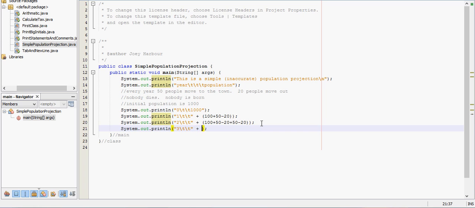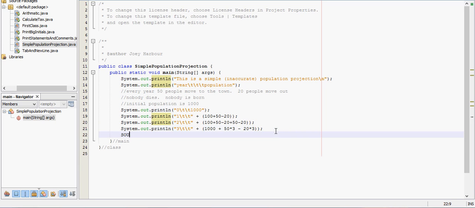We'll say the population at this point would be 1,000 plus 50 people have moved there 3 times, so 50 times 3, and 20 people have moved away 3 times, so 20 times 3, and that should be good there. We'll make the next line even more efficient if I can stop hitting that caps lock key whenever I don't want to.